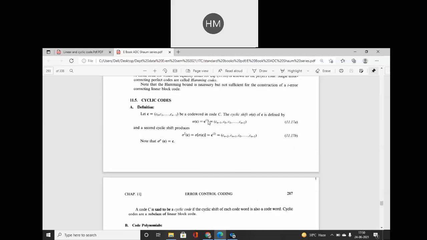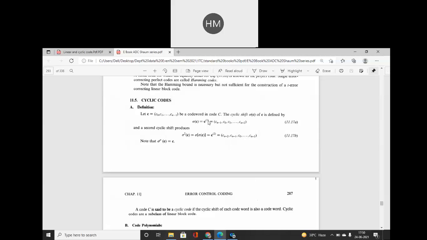The second code word, if I add it to a third code word, I will get one of the remaining codes. 2 to the power 4 is equal to 16 code words were generated. So in Hamming code, it gives you the linearity property. That is why it is known as linear block code. So by adding any two codes, a third code will be generated.